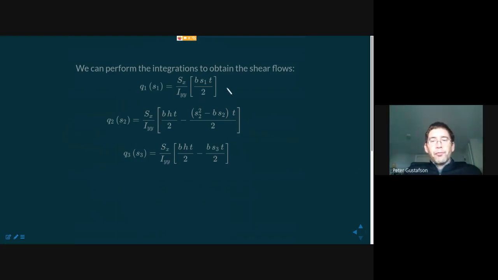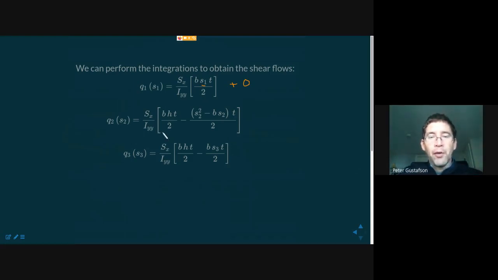The first one had the boundary condition equal to 0. That doesn't show up here on the slide, but the value of the integration gives us Sx over Iy, b S1 t over 2. So it is a function of S1. It's linear because it was a constant previously. When you integrate the constant with respect to ds1, you get a linear S1.